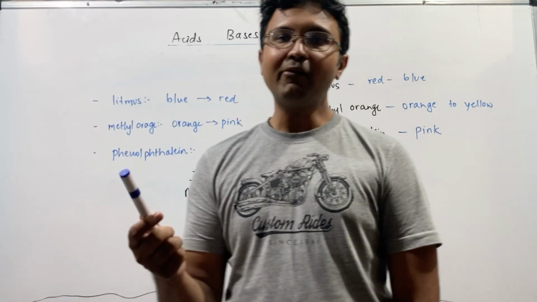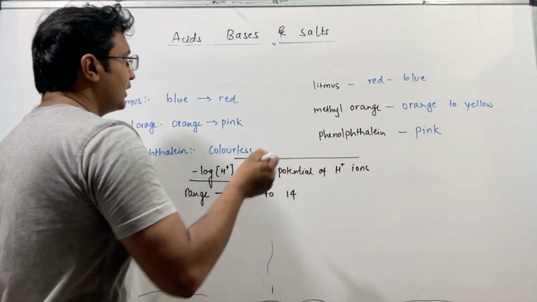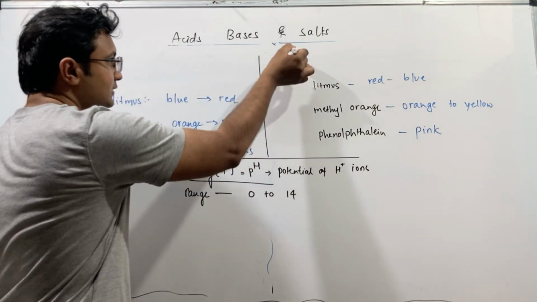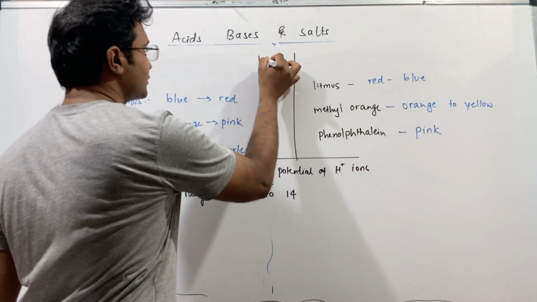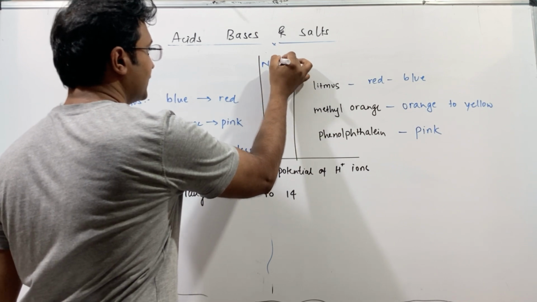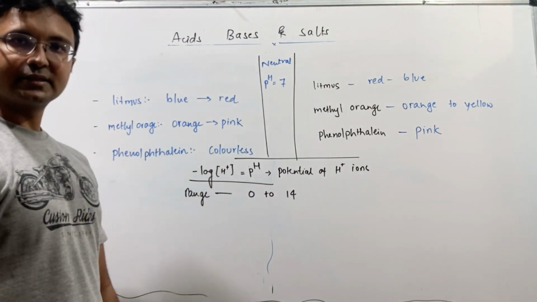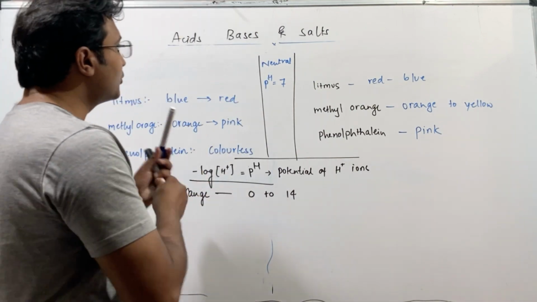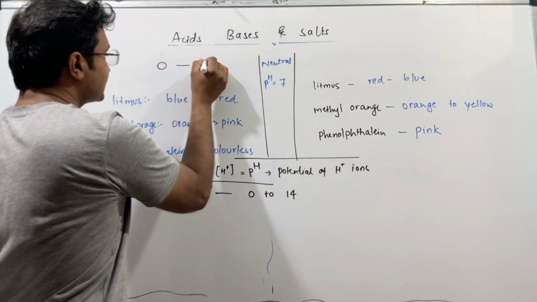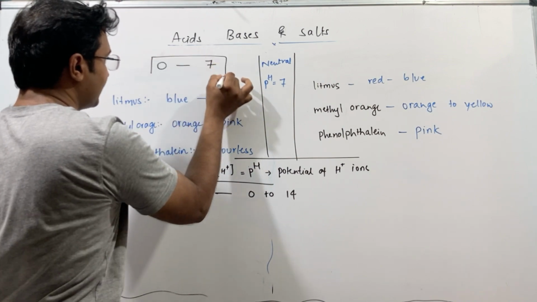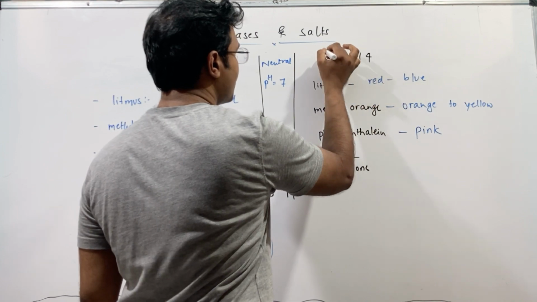Now, how do we bifurcate the acids and bases with respect to pH? When I keep it at the center, that is the neutral part, the pH for a neutral solution, neither acid nor base, is equal to 7. If I move from left to right, acids have pH between 0 to 7 and bases have pH between 7 to 14.